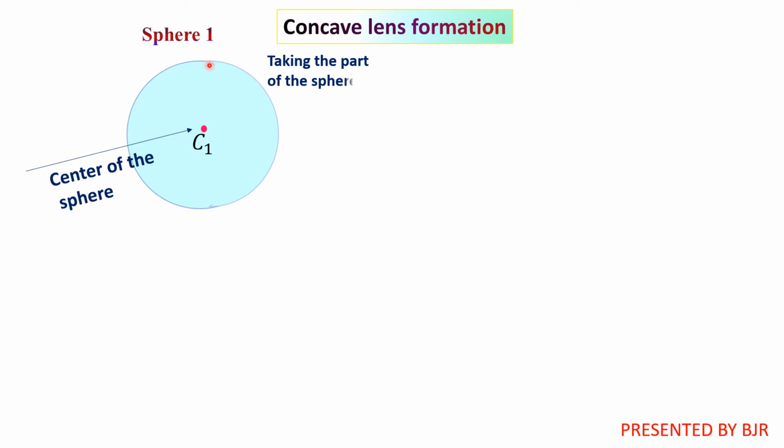Now I am going to take a part of the sphere here. I have taken a part of this sphere. This is the curved portion, and its center of curvature is C1. So this is part 1.